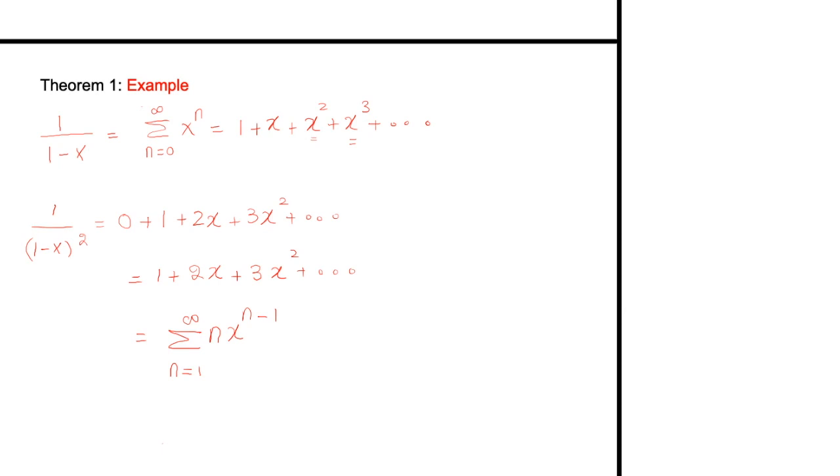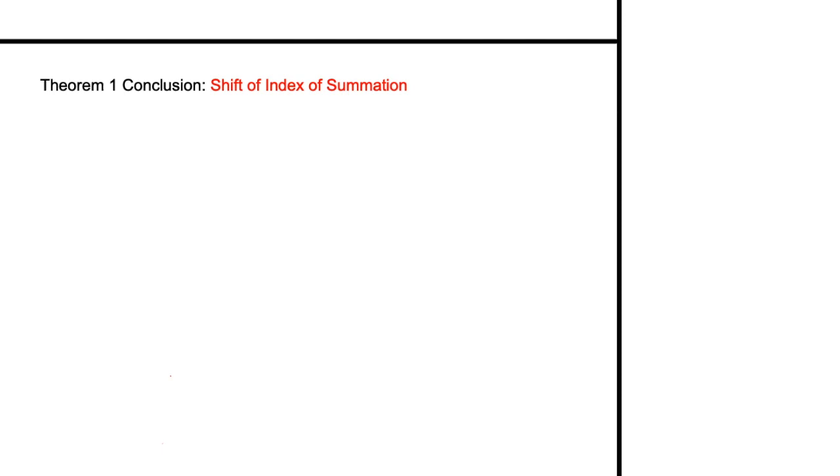We conclude that whenever we differentiate a function, the power of x reduces and that of n increases, and now it will start from 1. If we differentiate it twice, then this index will start from 2 and so on. So this is an important conclusion of theorem 1, shift of index of summation.